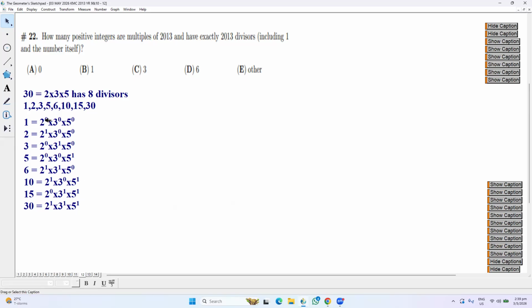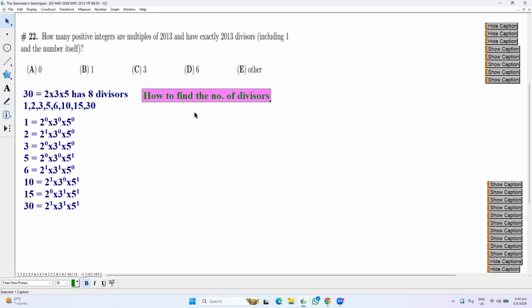Meaning the power is either 0 or 1. Each factor is either used or not used in the divisor. 6 is a divisor where 5 is not used. So 2 ways times 2 ways times 2 ways, there are 8 ways. So 8 divisors. That's the principle.